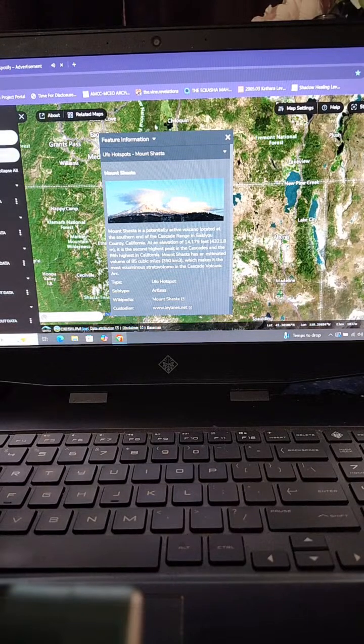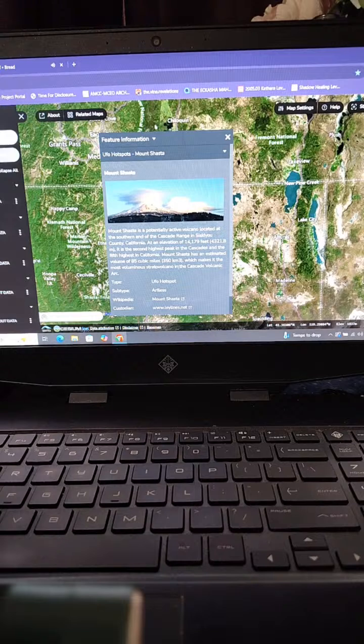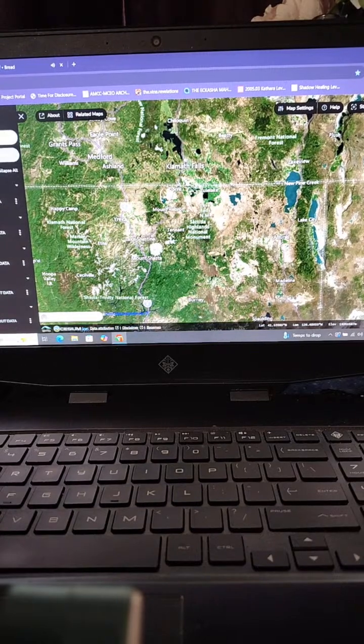It is the second highest peak in the Cascades and the fifth highest in California. Mount Shasta has an estimated volume of 85 cubic miles, which makes it the most voluminous stratovolcano in the Cascade Volcanic Arc. This is where the Telos is located, where the Telosians live.